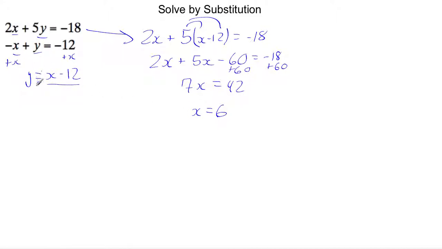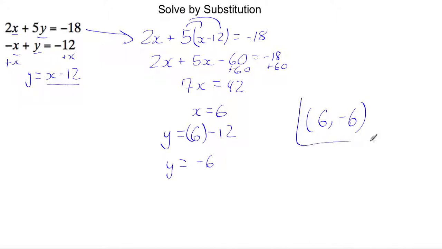Since I already have y solved for, I know that y is equal to x minus 12. So if I substitute again the 6 in for x, I get that y is equal to 6 minus 12, which is -6. So my solution is 6, comma, -6.